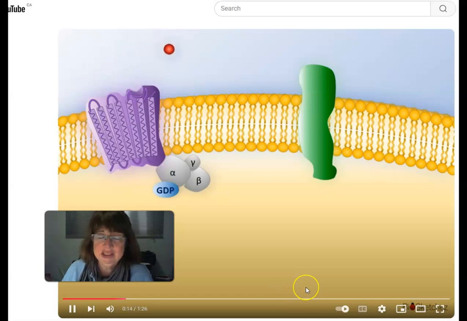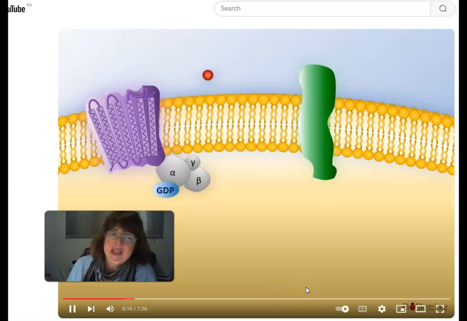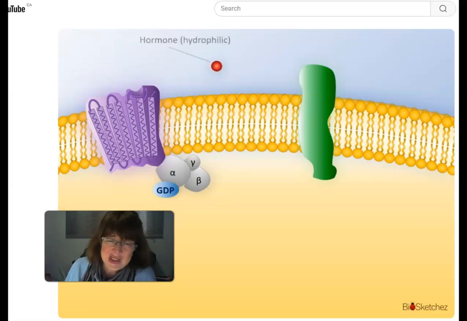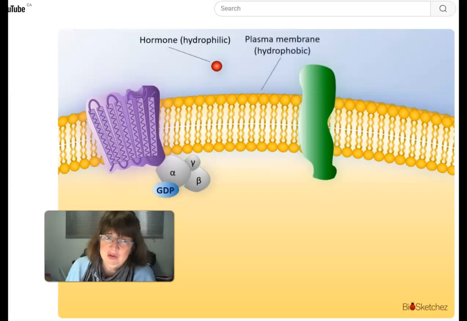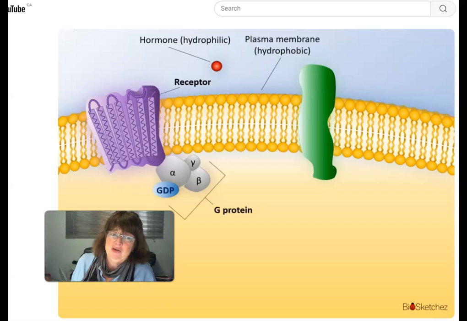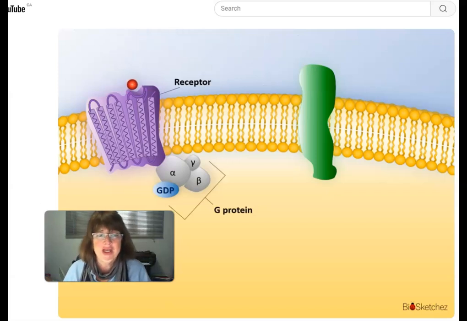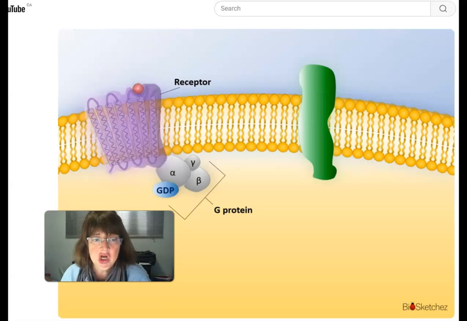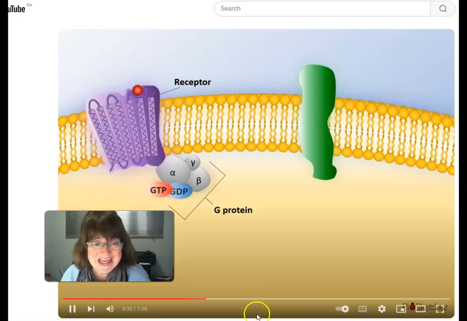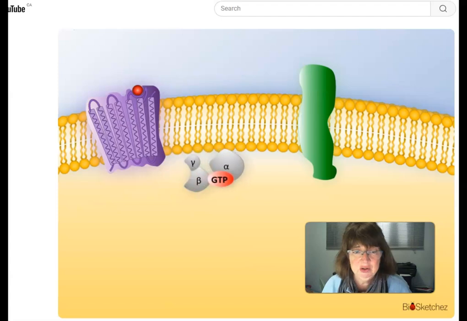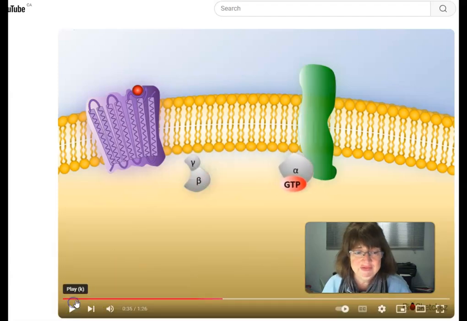But here comes the protein hormone, and the protein hormone does not interact with the membrane because the hormone is hydrophilic and the membrane is hydrophobic. So what happens instead is the hormone will bind to a receptor, causing a reaction inside. Let me stop it for a second.